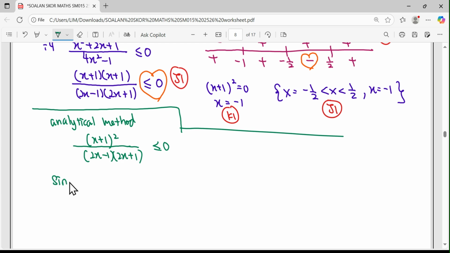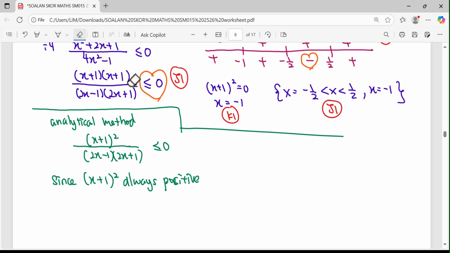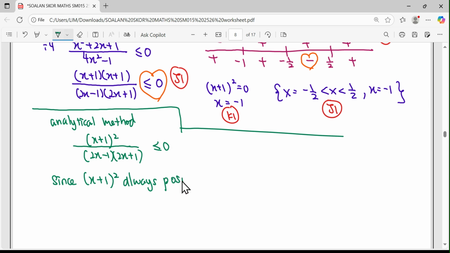So we know that x plus 1 squared is always positive. To make the whole fraction negative, therefore the denominator part here, 2x minus 1, 2x plus 1, needs to be less than 0 but not equal, because the denominator cannot equal 0.